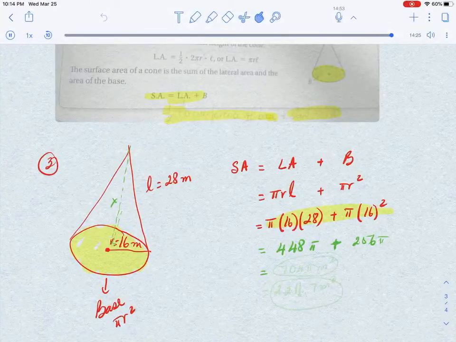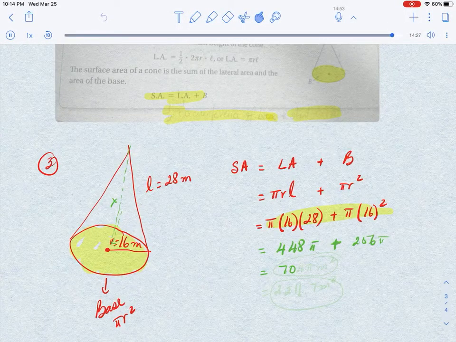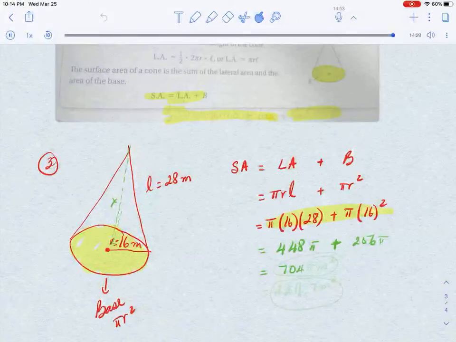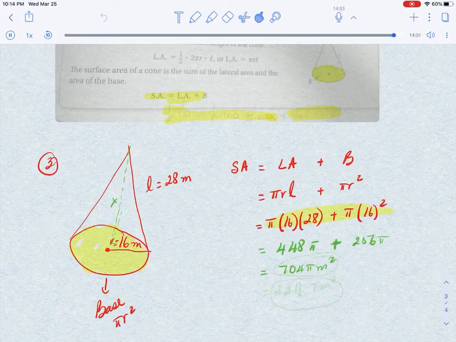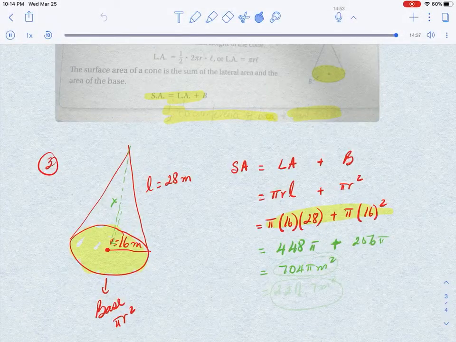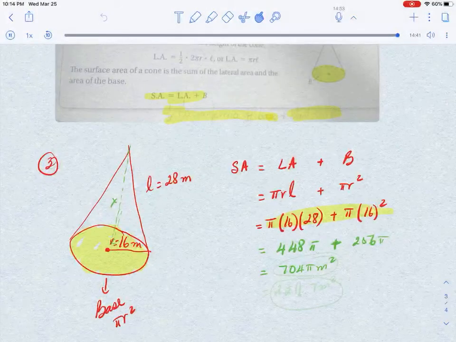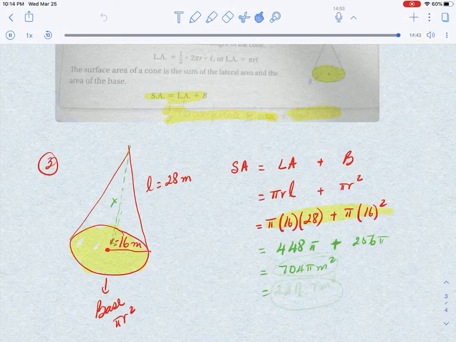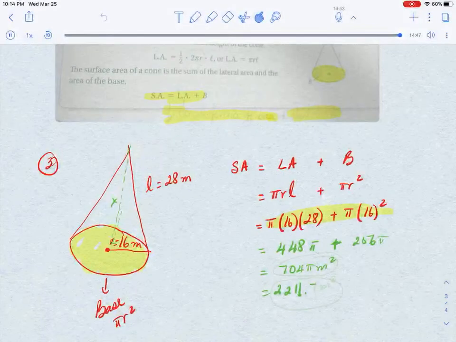So now you have 704 pi meters squared. Let's say they want you to round it to the nearest tenth. I'm going to multiply by pi. That should give you 2,211.7 meters squared.